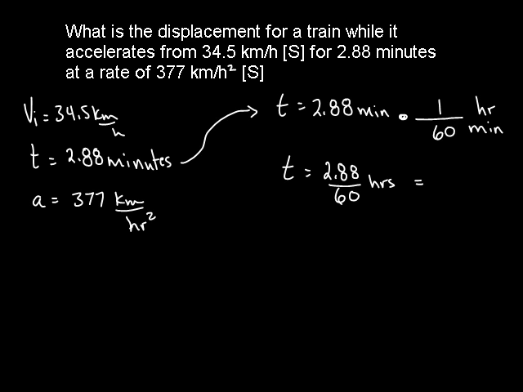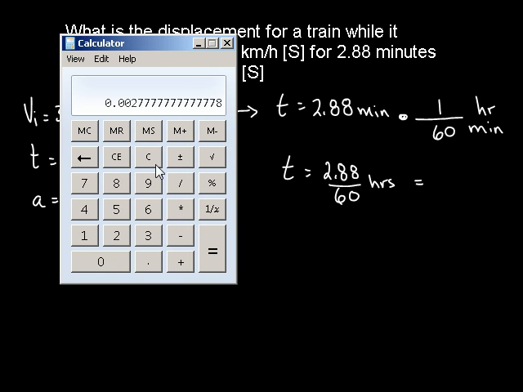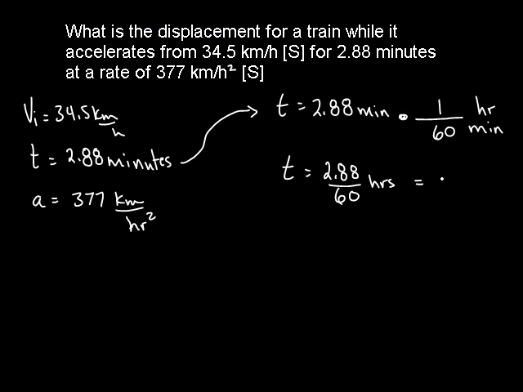Now all that will equal 2.88 divided by 60 is 0.048 hours. Okay, so that's the time that we'll use for this problem. All right, so now our displacement here is a new formula, and it would look like this.